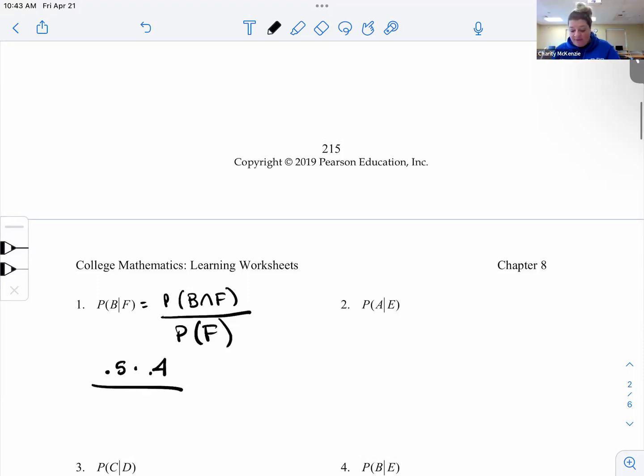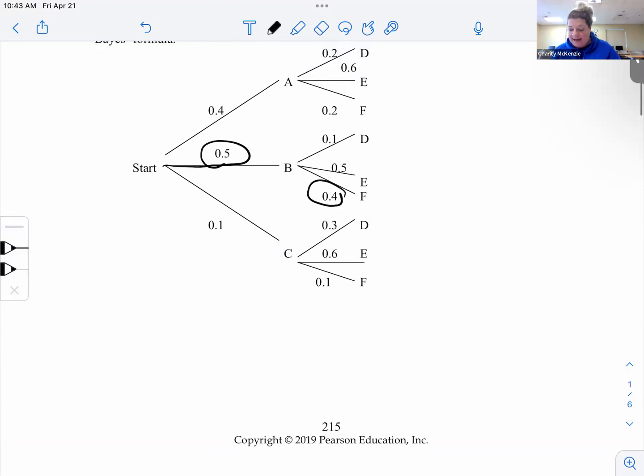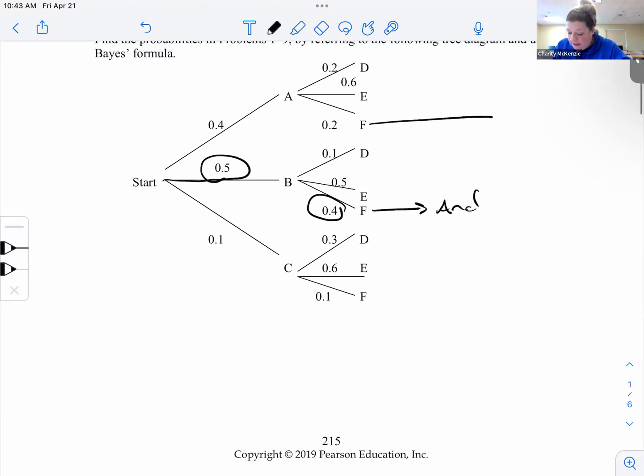Now for F, we're going to have more than one way to get F. Where are all the F's? We could be here, we could be here, and here. So for the bottom one, we have to figure out all these probabilities. This one is 0.1 times 0.1. This one's 0.5 times 0.4.